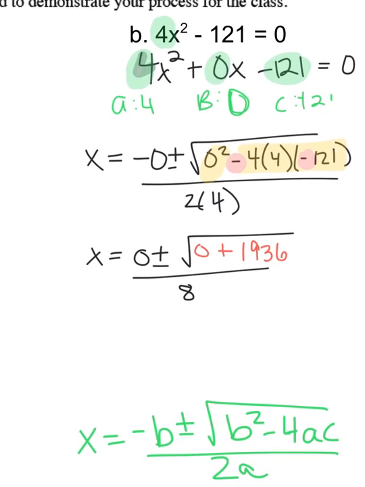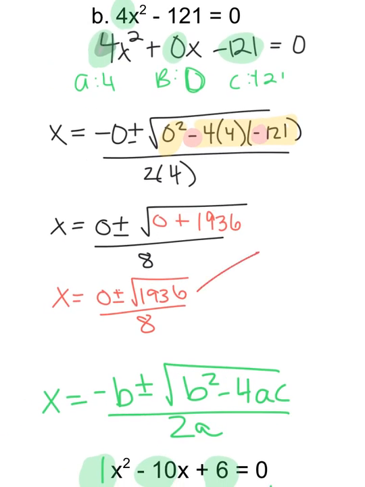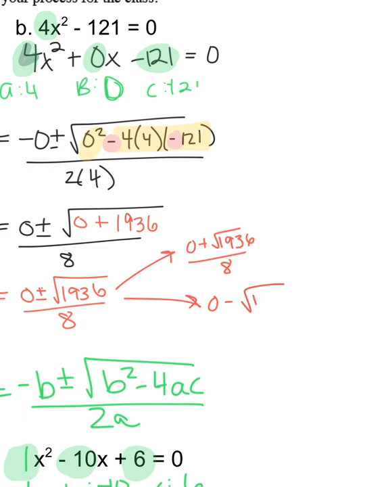And so 0 plus 1,936 is the same. X equals 0 plus or minus square root 1,936, all divided by 8. And now we get our two separate answers. 0 plus the square root of 1,936, then divided by 8, and 0 minus the square root of 1,936, then divided by 8.